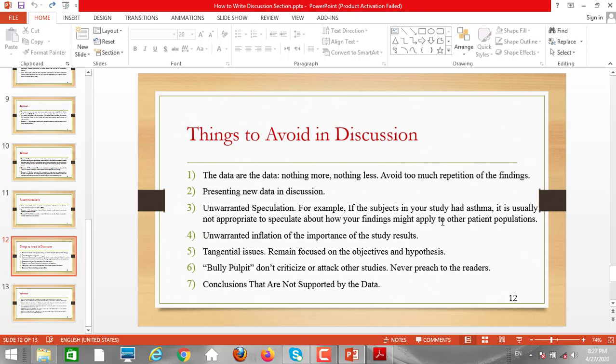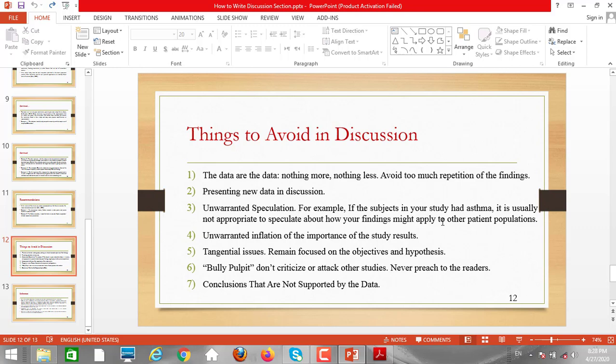Suppose the researchers came up with a vaccine for COVID-19, they cannot speculate that this particular vaccine is appropriate or valid for other patients. So you can only speculate on your main findings for a particular discipline.